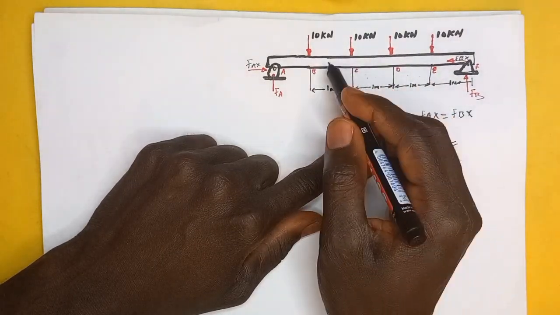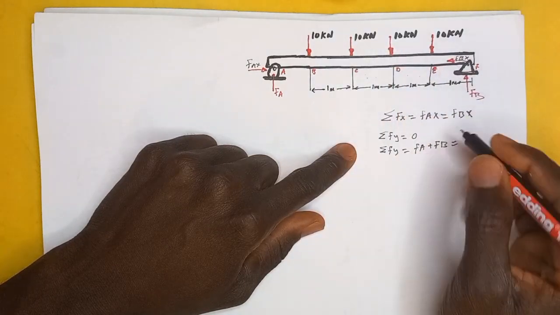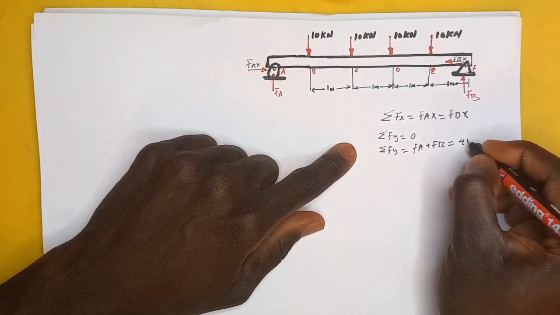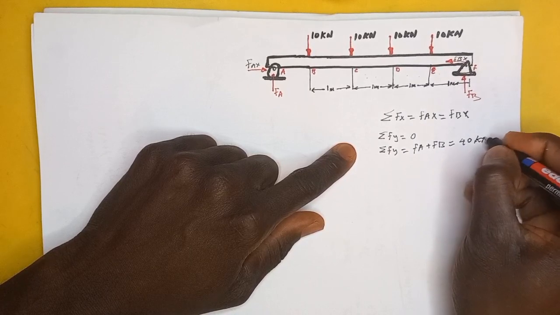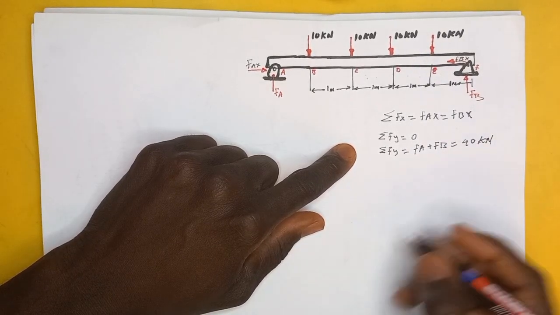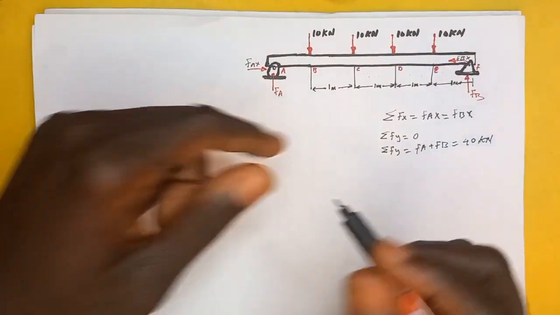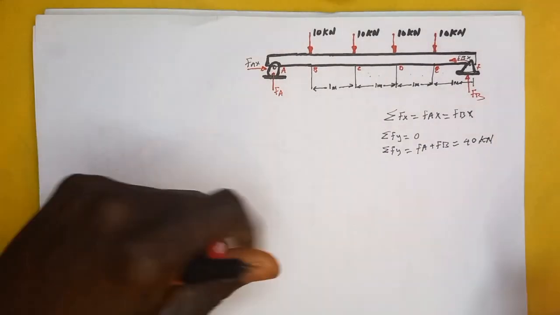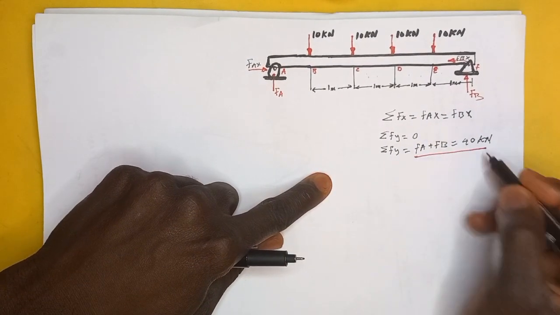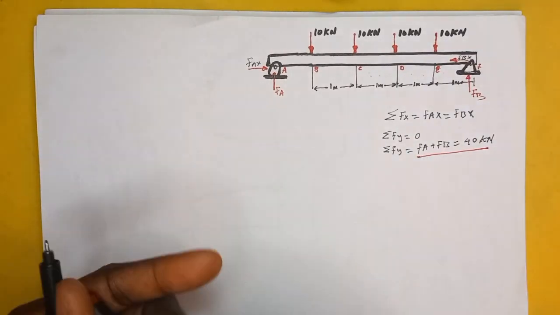So we have 40 kilonewton force pointing down here. So this is our first equation. We're going to be using these equations later.